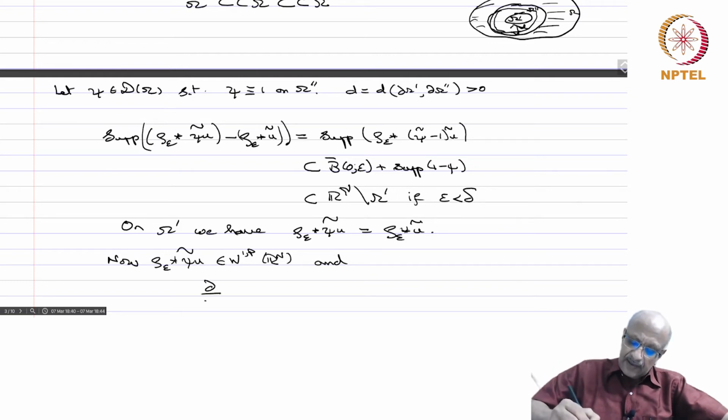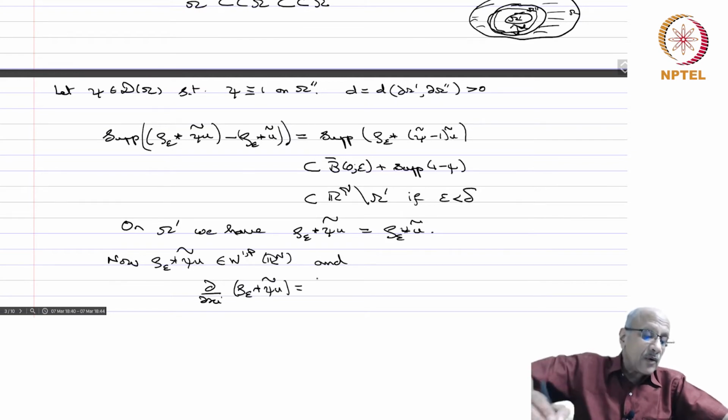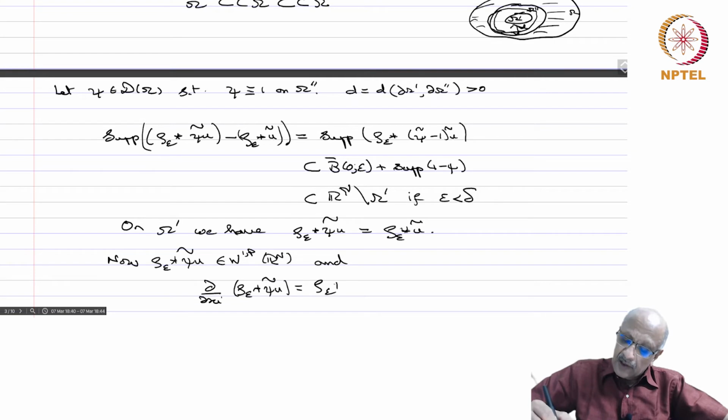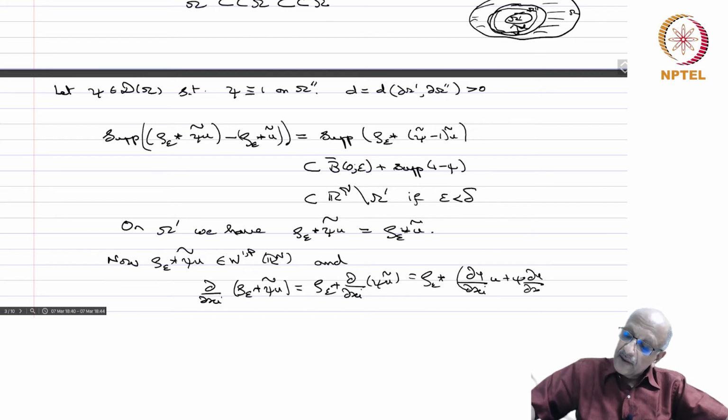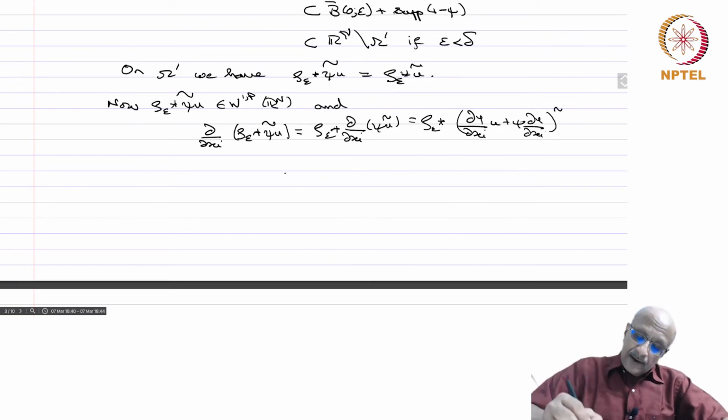D by dxi of rho epsilon star psi u tilde equals rho epsilon star d by dxi of psi u tilde, which we have computed, which is rho epsilon star (d psi by dxi u plus psi du by dxi), and this converges in Lp of Rn.